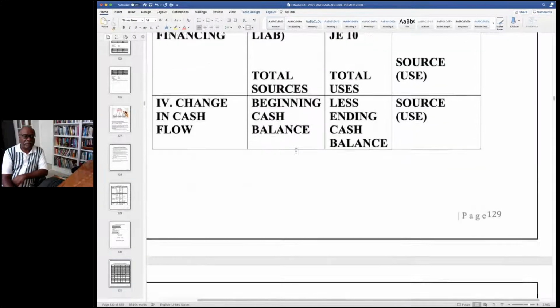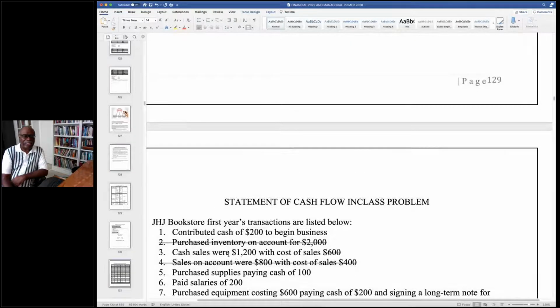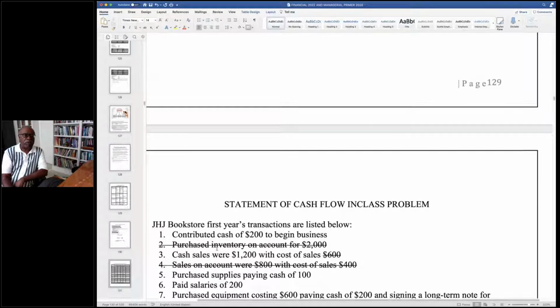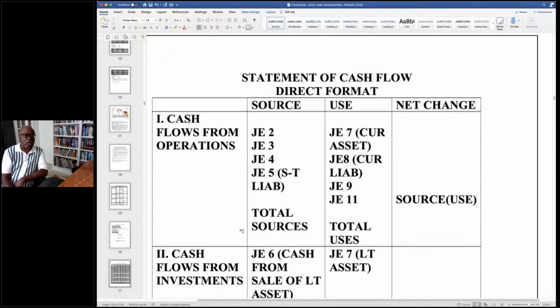What's your question? Cash sales were $1,200. What type of journal entry is that? Cash sales. It's supposed to be at the top of that. Like, is it supposed to be on that list? Okay, your journal entry types, you need to put that out. Isn't it a two? Type 2. Yeah. Oh. Type 2 comes here.